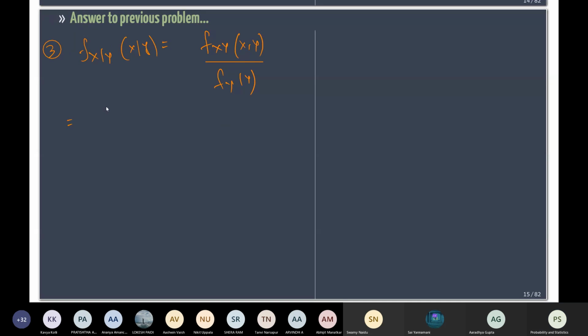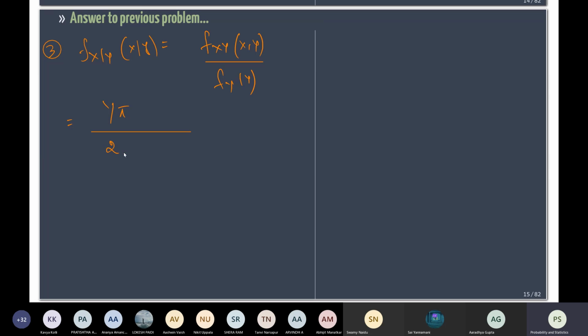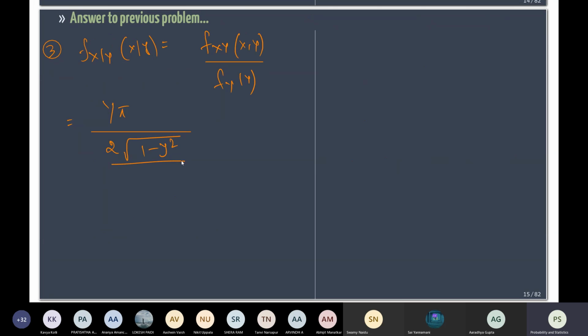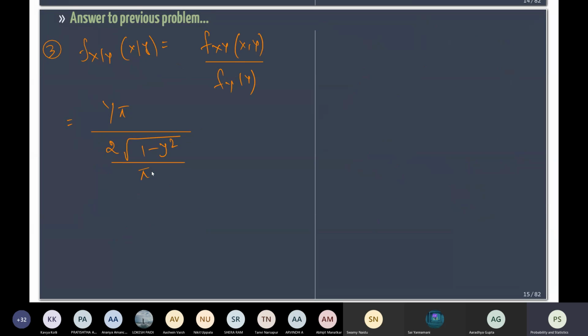And f_Y(y) is 2 square root of 1 minus y square divided by pi. So pi goes away, and this is 1 by 2 square root of 1 minus y square. And obviously y has a restriction.